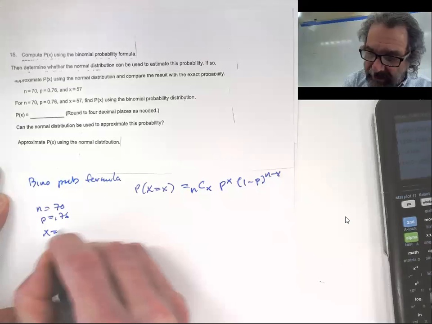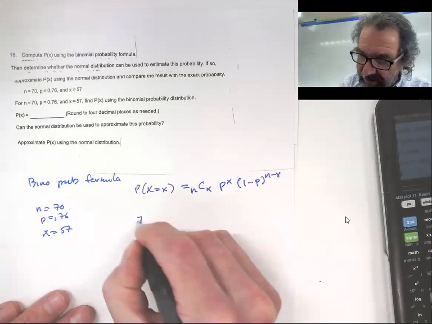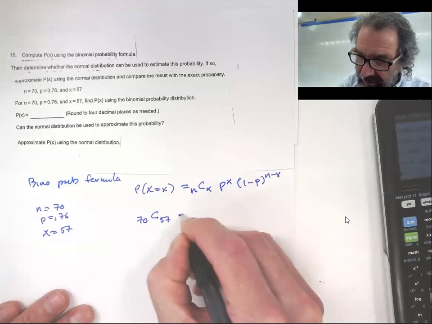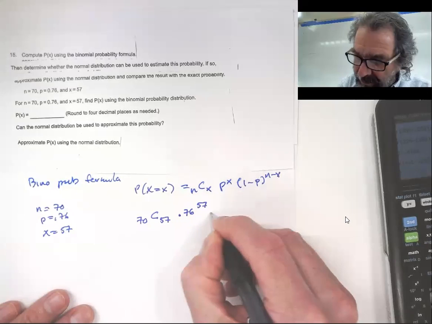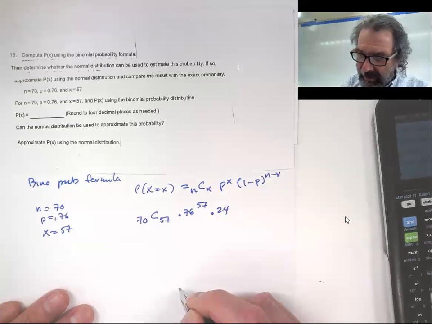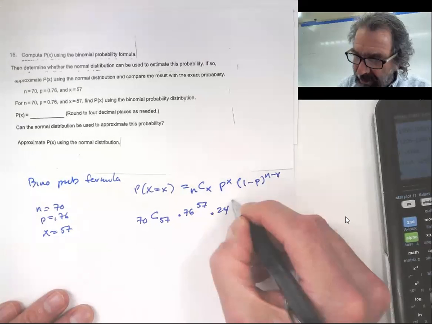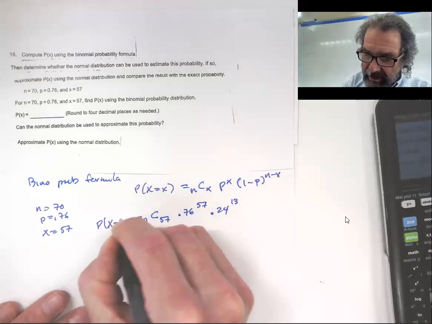And X is 57. So we want 70C57 times 0.76 to the 57. 1 minus 0.76 is 0.24. And then I take 70 minus 57. That's going to be 13. That's the probability X is 57.